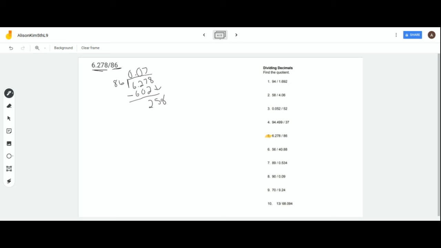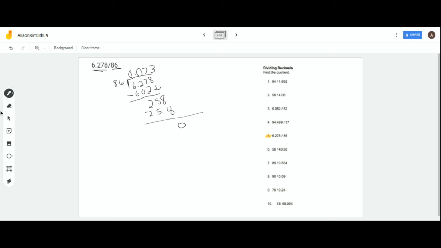So we get 258. Now we need to see how many times 86 goes into 258. So let's get out our calculators again. 258 divided by 86. This time we get a whole number of what? 3. So we put 3 right here on top of where the 8 is. 258 minus 258 is 0.